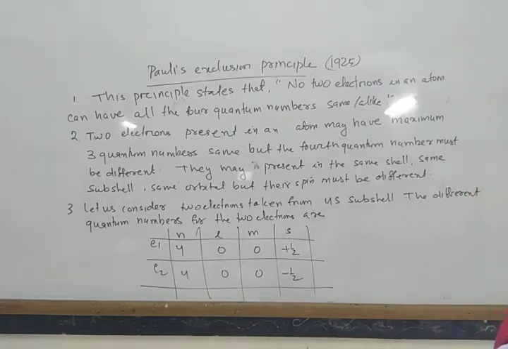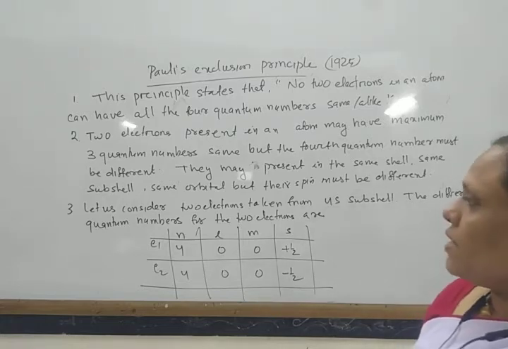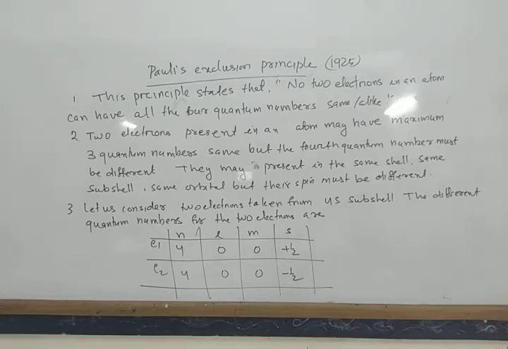They may be present in the same cell, same subcell, same orbital, but their spin must be different. Let us consider two electrons taken from a 4s subcell. The quantum numbers are n equal to 4 for both, l equal to 0 for both, m equal to 0 for both, but the spin value for one is plus half and for the other is minus half.